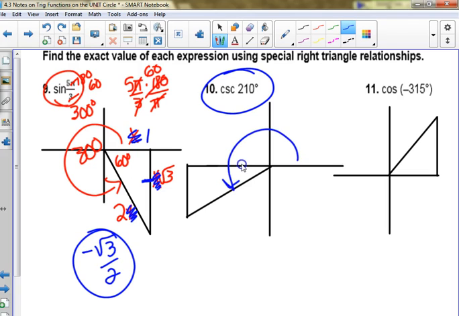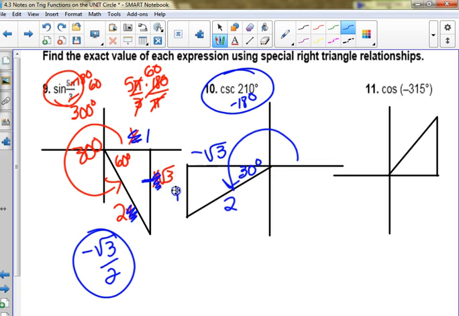210 is into this quadrant by how much? 30 degrees, okay? Using those same numbers, short leg is 1. What else am I going to do? 2 goes where? Okay, square root of 3. Which ones are negative in that quadrant?